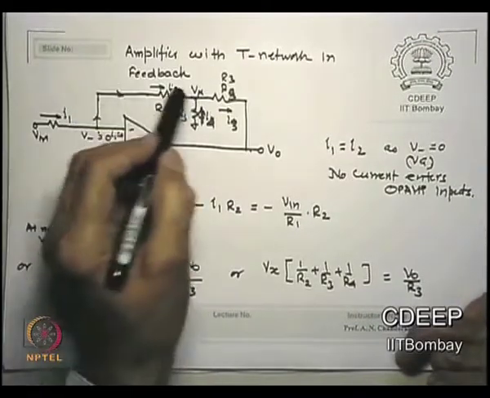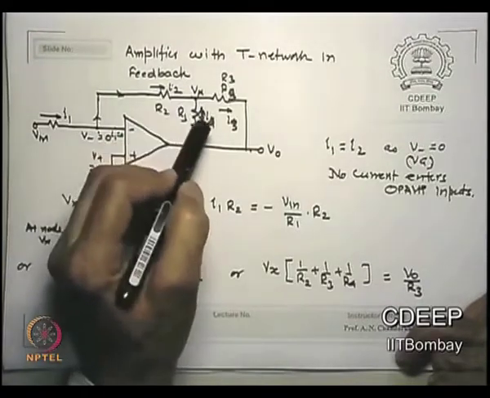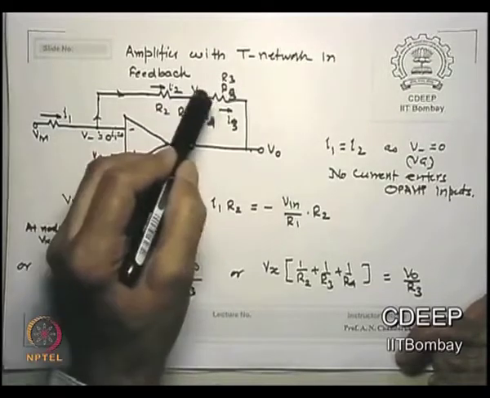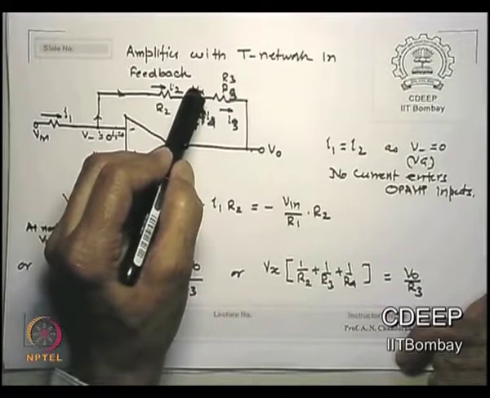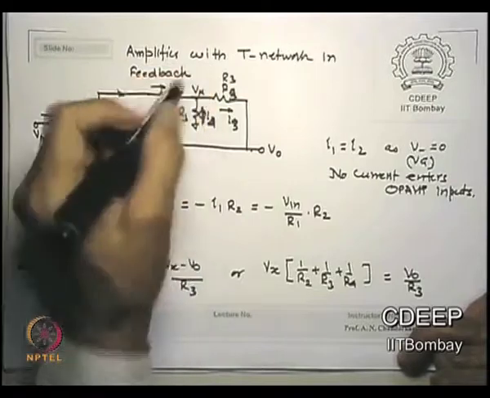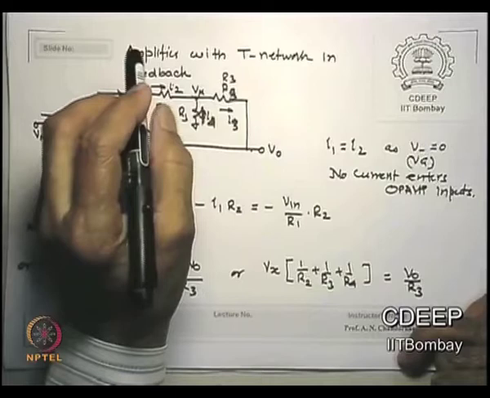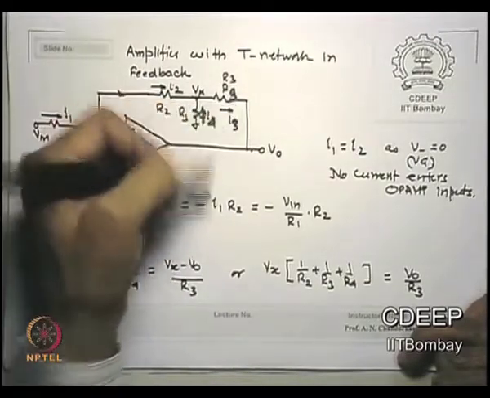Now we say at this node Vx, I2 plus I4 is I3. This current must be this current. I summed everything at this node. Is that okay? I am summing current at node Vx. Entering current is I2, entering current is I4, leaving current is I3. Okay. Now you ask why opposite? It does not matter, I will put the minus sign correspondingly anyway.